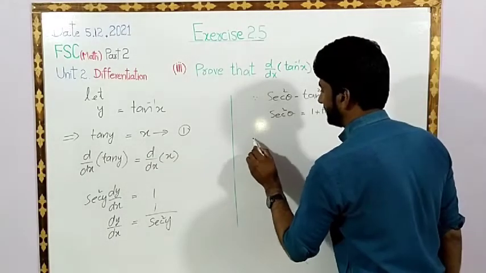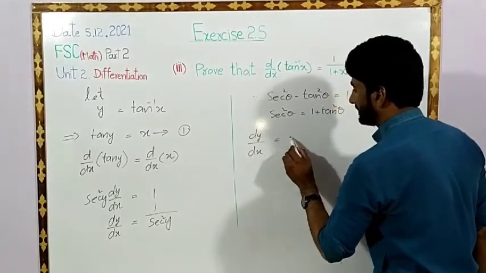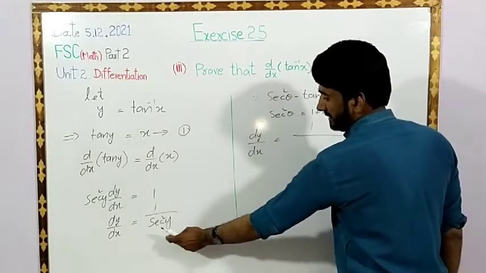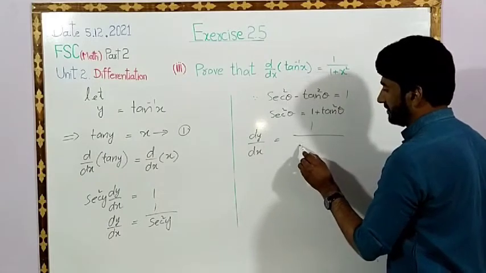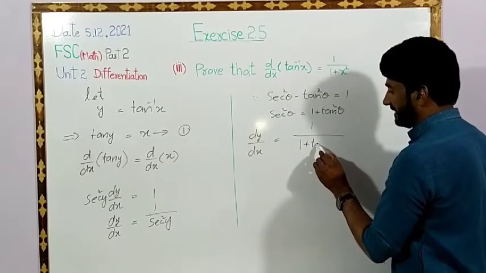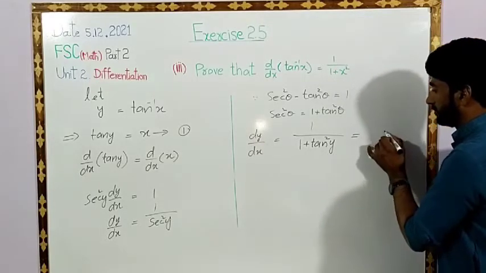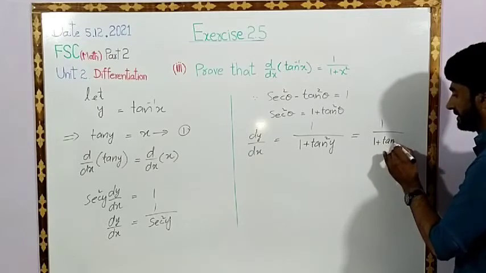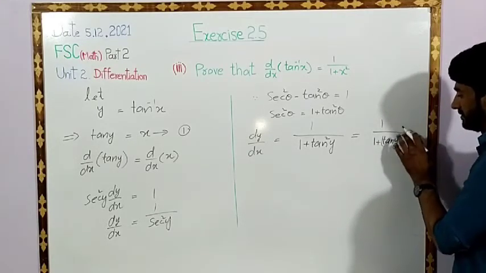Using this result, dy over dx is equal to 1 over secant square y, and secant square y can be written as 1 plus tan square y, so it is 1 over 1 plus tan y whole square.